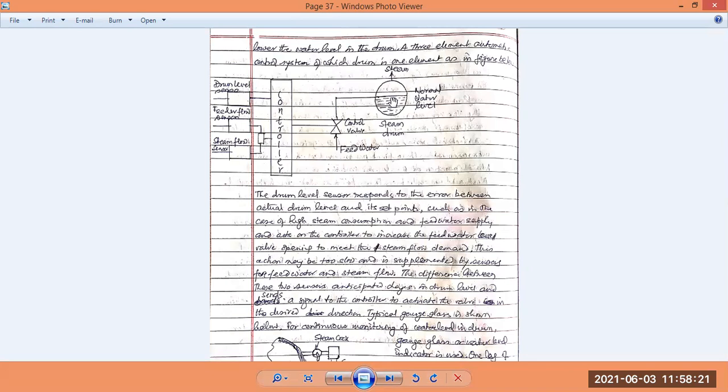The difference between these two sensors anticipates the change in drum level, and sends a signal to the controller to actuate the valve in the desired location. A typical gauge glass is shown in the figure. So what we are doing is calculating and sensing the change in drum level and sending a signal.